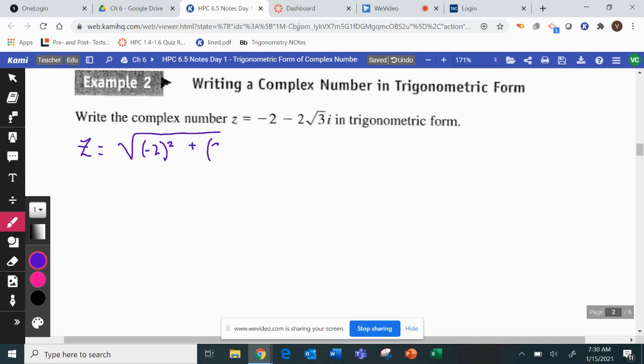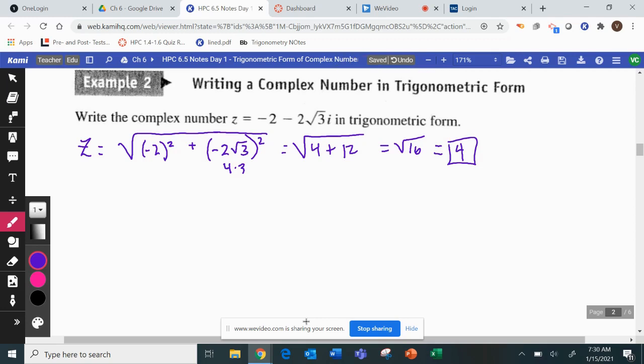Oops, negative. This will be 4 plus 4 times 3, 12. Just the square root of 16, which is 4. So there's our absolute value.